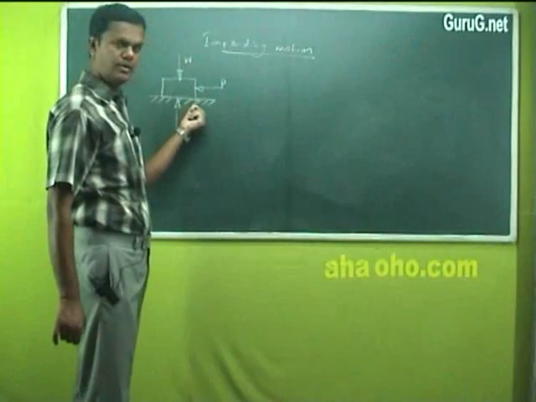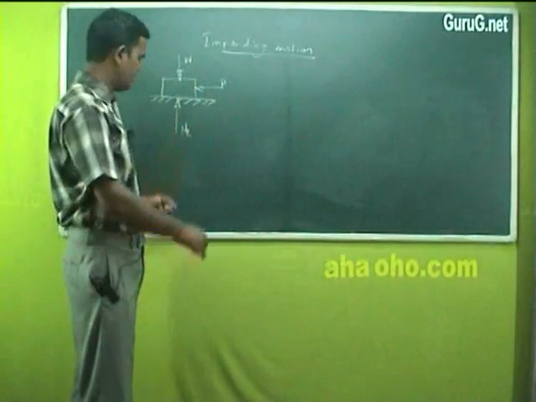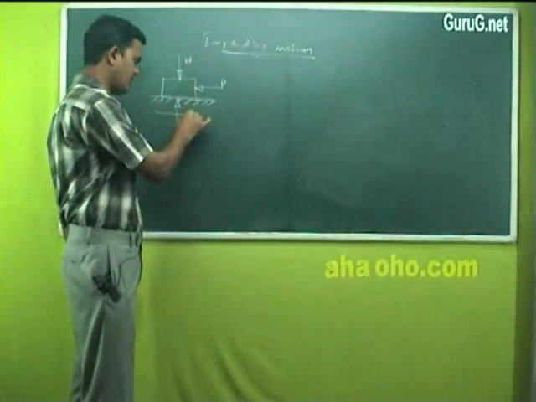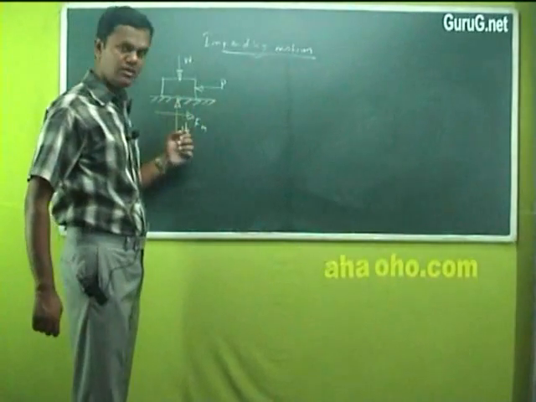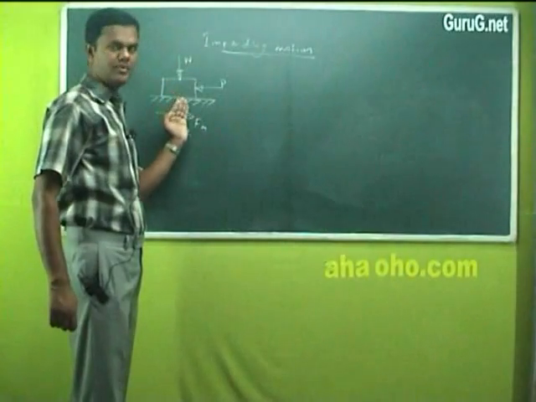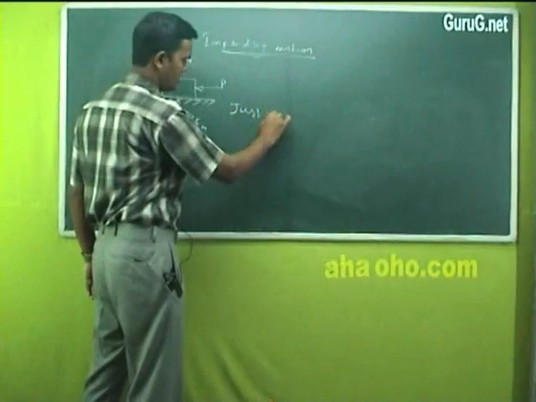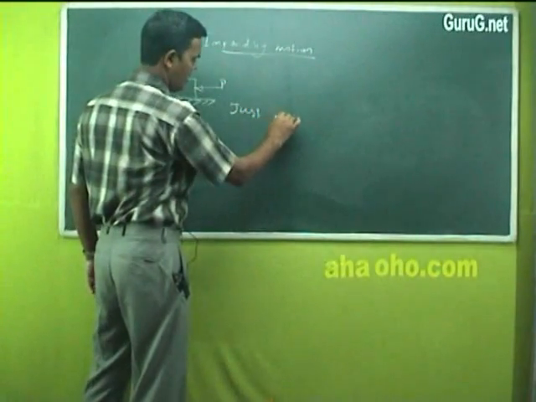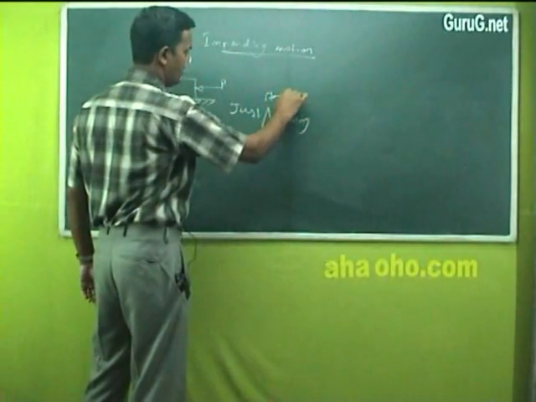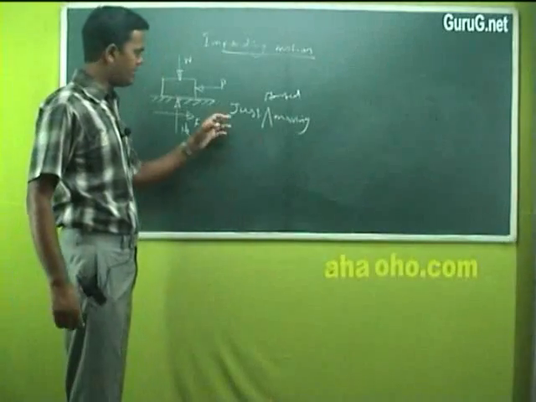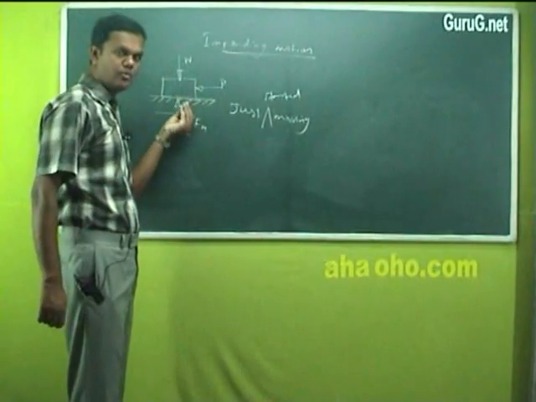The particular point when the body starts moving, which means when your friction, frictional force or limiting friction, whatever it is, is in the opposite side which is resisting the motion, the particular point when the body just starts to move, this particular point is where the applied force has to overcome the friction.